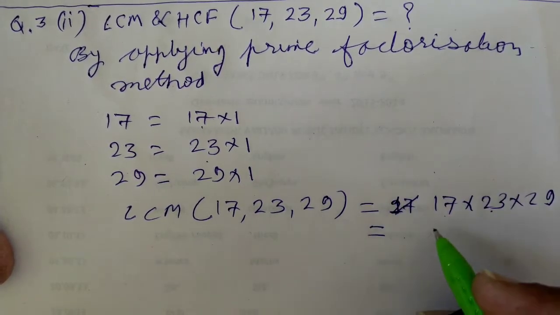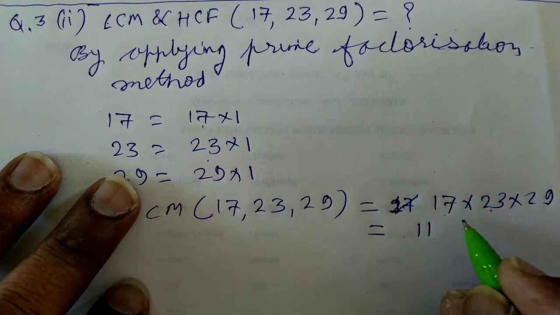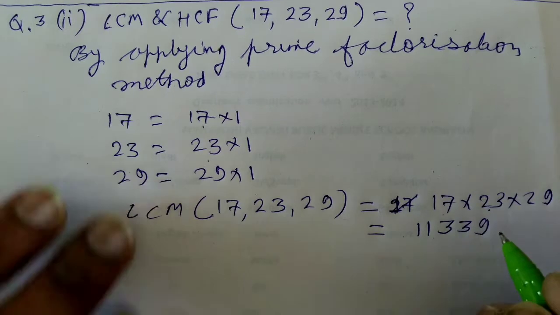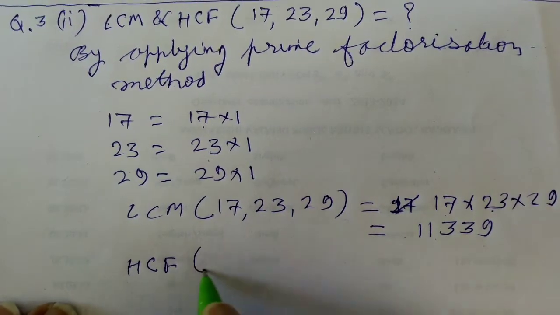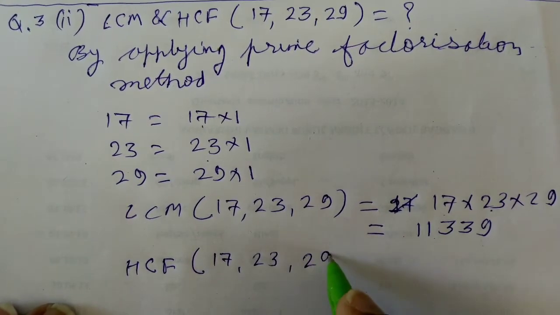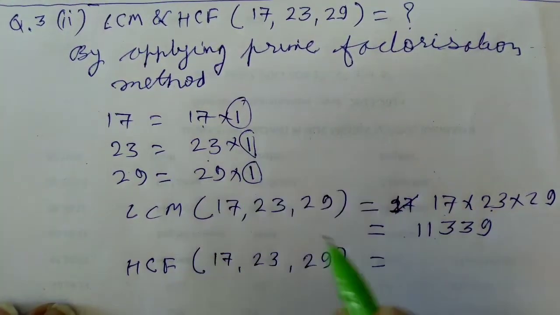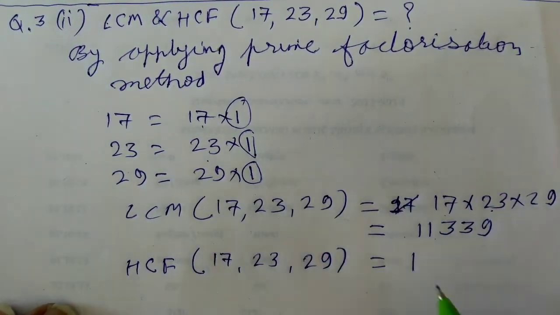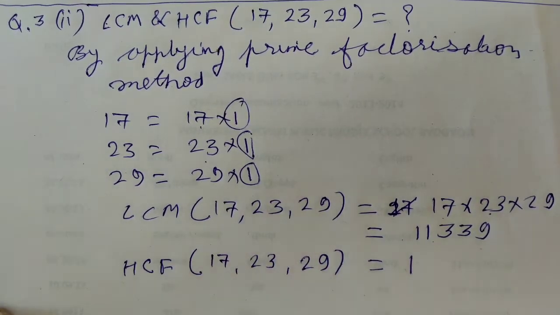So here I got 11339. And the HCF of all three, 17, 23 and 29, we are seeing is 1, so the HCF is 1. So these are the required answers, LCM and HCF.